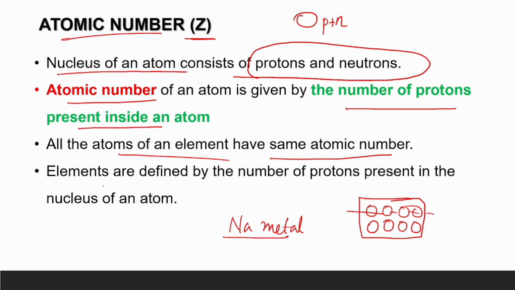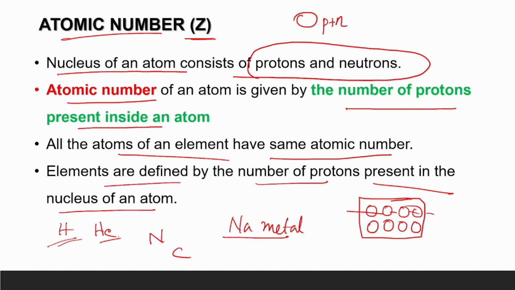The elements are defined by the number of protons present inside the nucleus of an atom. So there are different elements: hydrogen, helium, nitrogen, carbon, etc. Each of these elements in the periodic table is defined by the number of protons present in it.